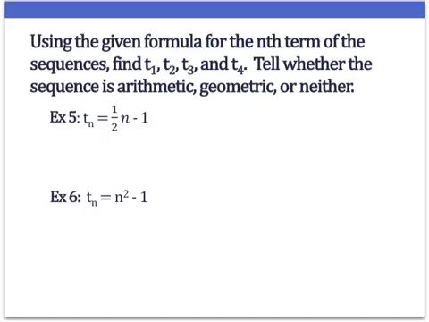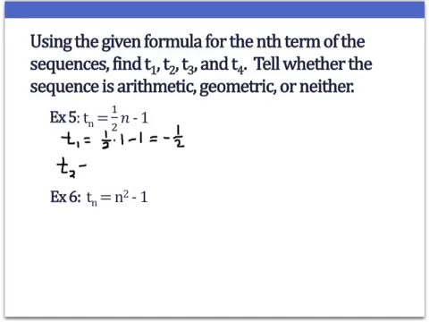So many times our sequences are determined by a particular formula. If you look at example 5, I've given you a formula for the nth term. It's telling us what is going to make up our terms. So we're going to have to find T1, 2, 3, and 4. With T1, that 1 also goes into the formula. So we'll have 1/2 times 1 minus 1. Don't subtract first, multiply first, and this gives us negative 1/2.